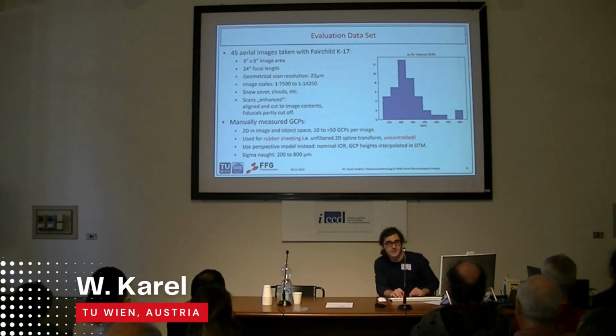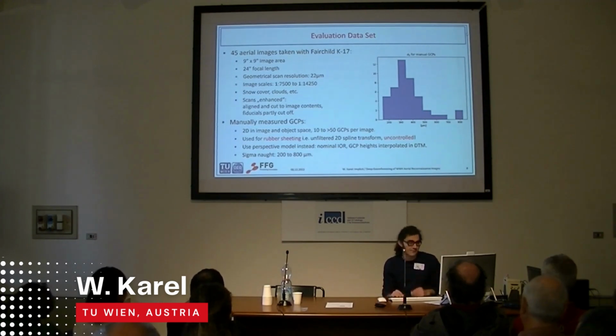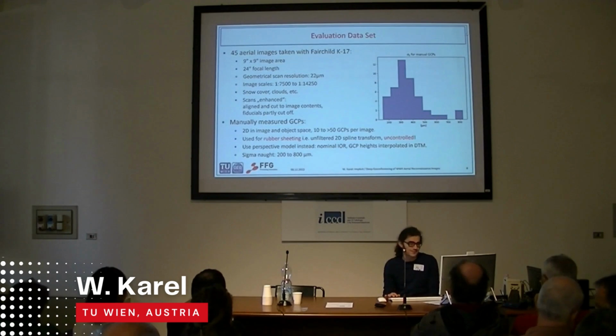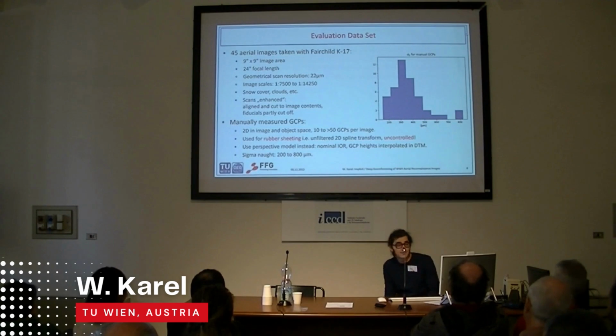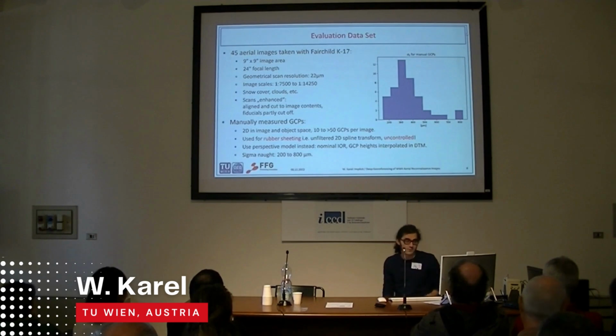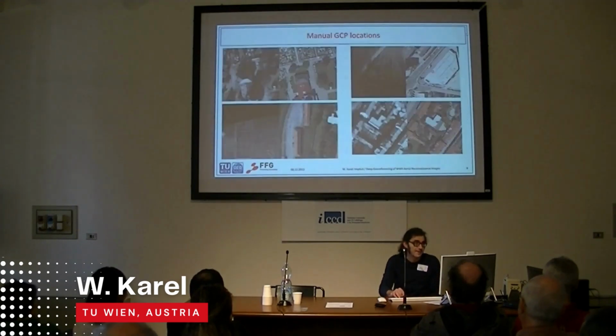Another question is, what if we use these GCPs, model the transform with a proper perspective, interpolating the GCP heights in the current DPM. Then what we see here is something like the accuracy of these GCPs, and it ranges from between 200 and maybe 500 microns, which is quite a number, and with some outliers at the very right.